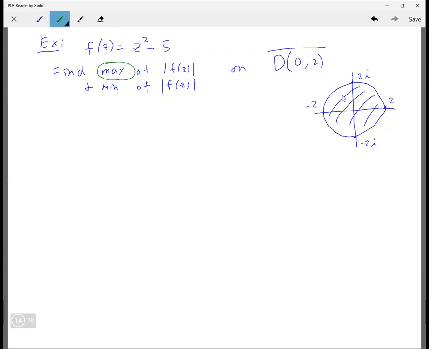But what point on the boundary will make this as large as possible? By the triangle inequality, it has to be less than or equal to this, right?